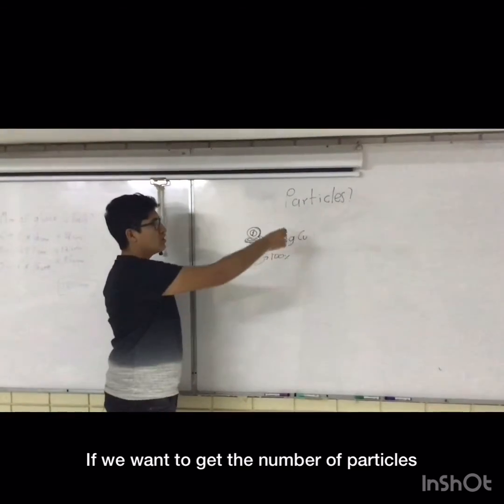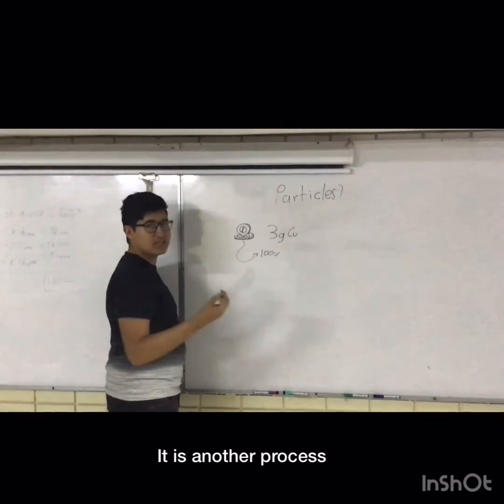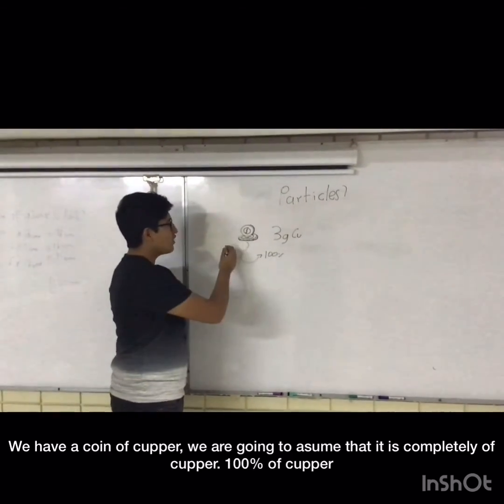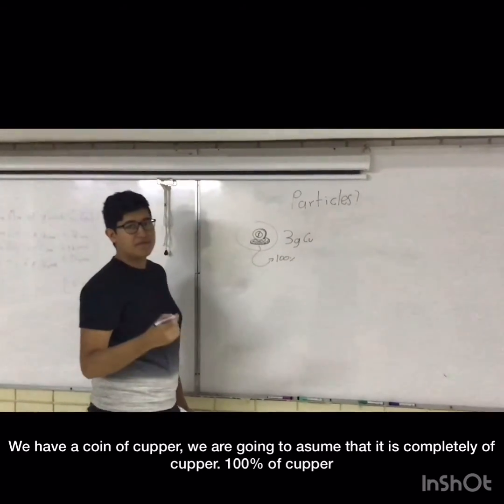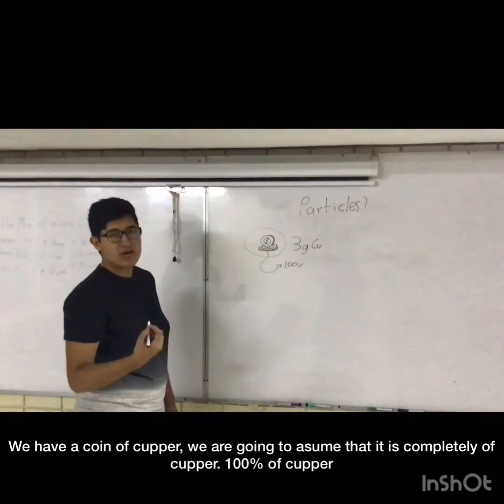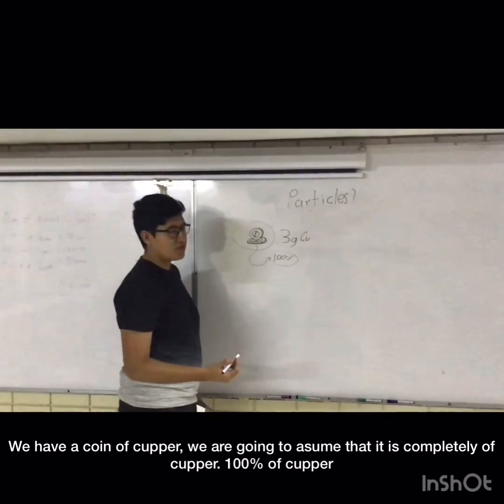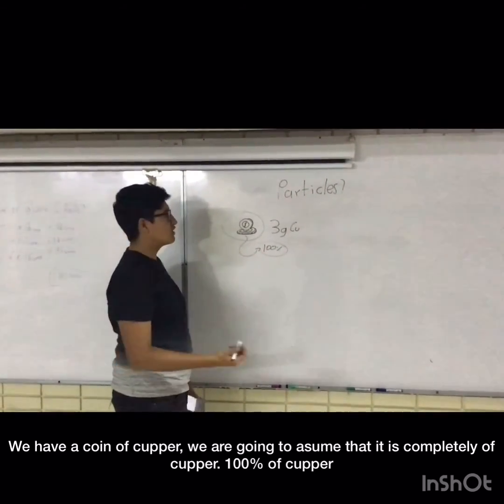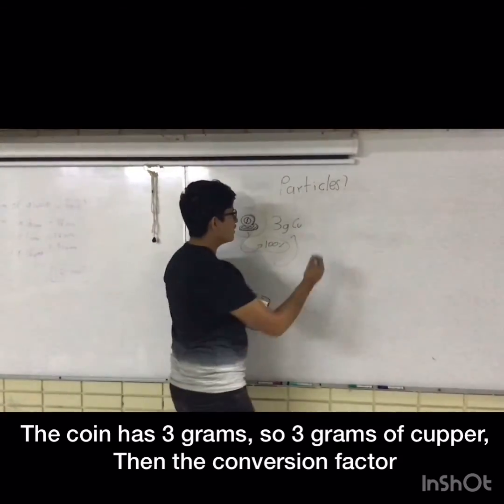If we want to get the number of particles, well, it is another process. We have a coin of copper. We are going to assume that it's completely copper, 100% copper. Well, the coin has 3 grams.